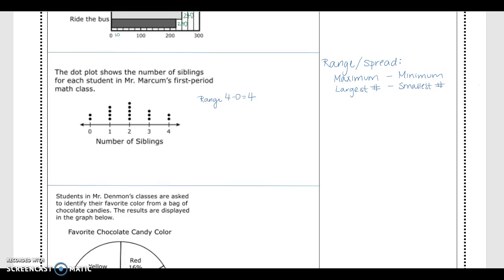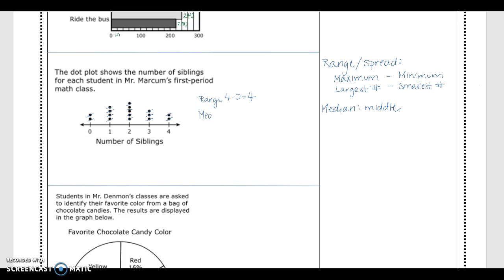All right, the next part is the median, which is the middle, okay? And to find the middle, you're going to just start crossing them off one by one, dot at a time. So it's going to be right here between the two, but they're both a value of 2.